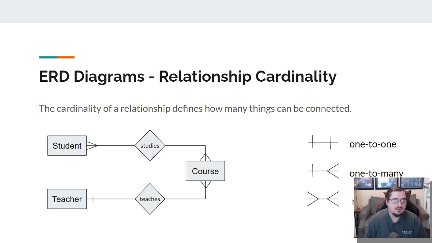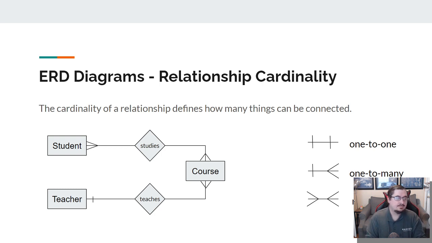How many students can be part of a course? Many, so that's where I get this one. So here I have a many-to-many relationship between students and courses. As you're doing this, you have to think of it in both directions. Questions?